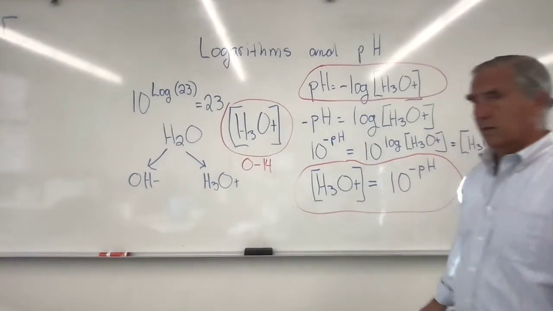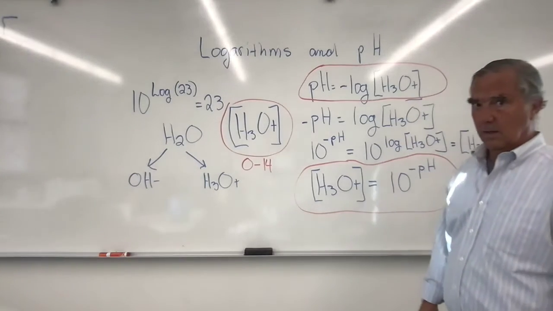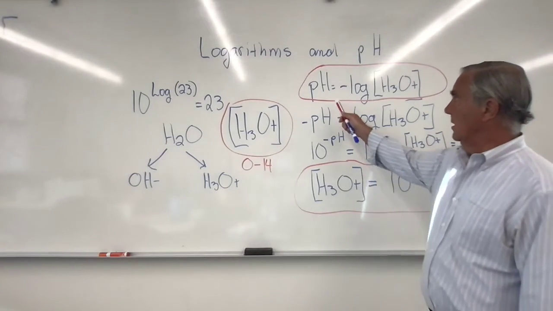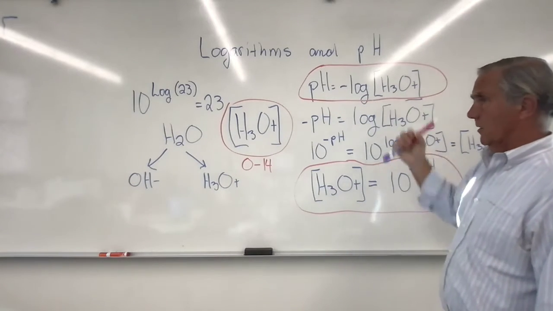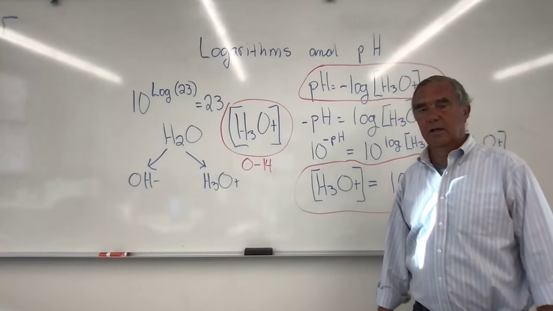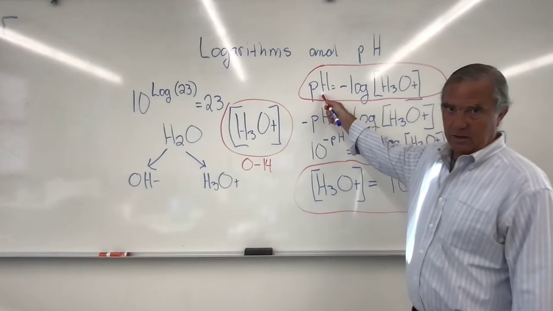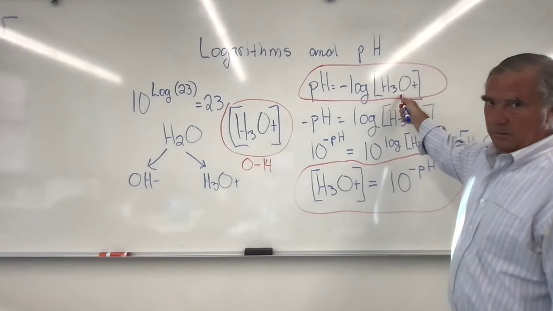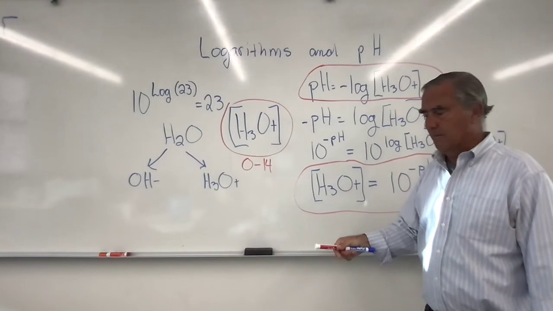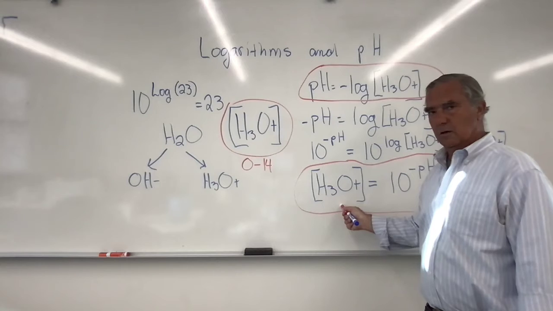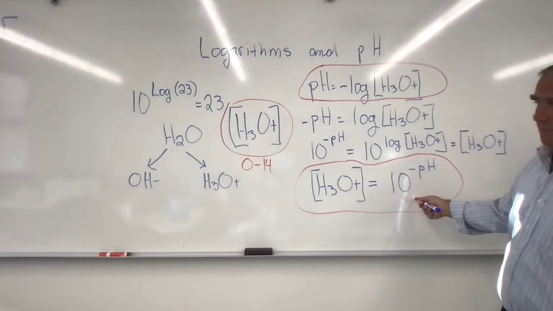There are two key equations to understand and work with when solving math problems involving pH. The first is pH is the negative base 10 logarithm of the hydronium ion concentration. The problems that you see will either furnish a pH value and ask for the hydronium ion concentration, or furnish a hydronium ion concentration value and ask you to compute the pH.